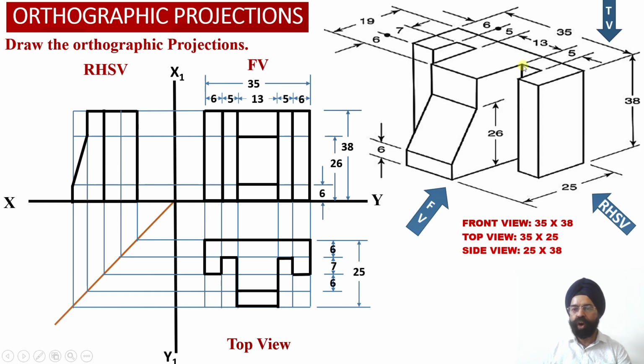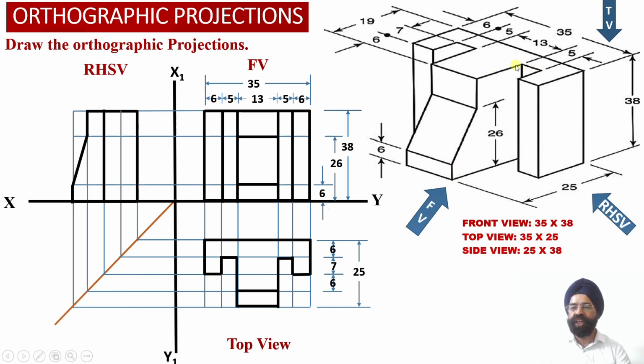Similarly, corresponding to this slot and this surface over here, because this surface is also parallel to the profile plane, we will be able to visualize the true shape projection of this surface onto the profile plane. But there is a problem with this surface, because the whole of this surface is not visible to the observer.